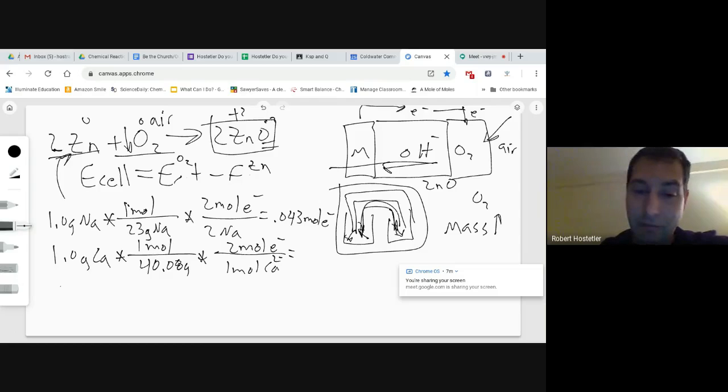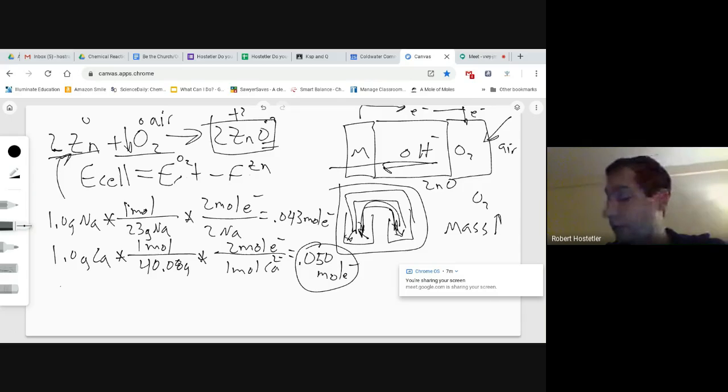So that's going to give us 0.050 moles of electrons. So the calcium one is slightly better. There are 2 factors, the molar mass and then the ratio of electrons. So that's the one you want to choose, and there's the reasoning.